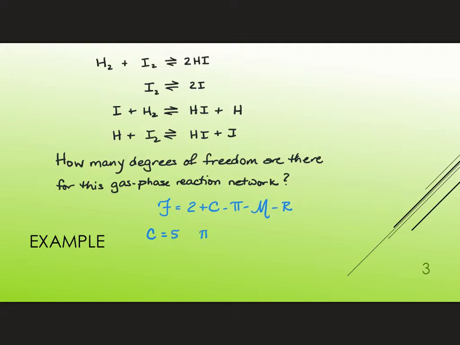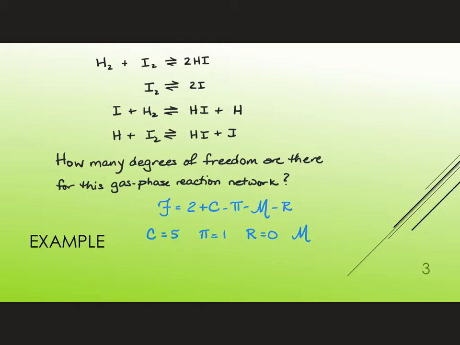I have one phase, because this is a gas phase reaction, and gases always blend to a single phase. Liquids might form multiple phases. Solids typically do form multiple phases. I have no restrictions listed.